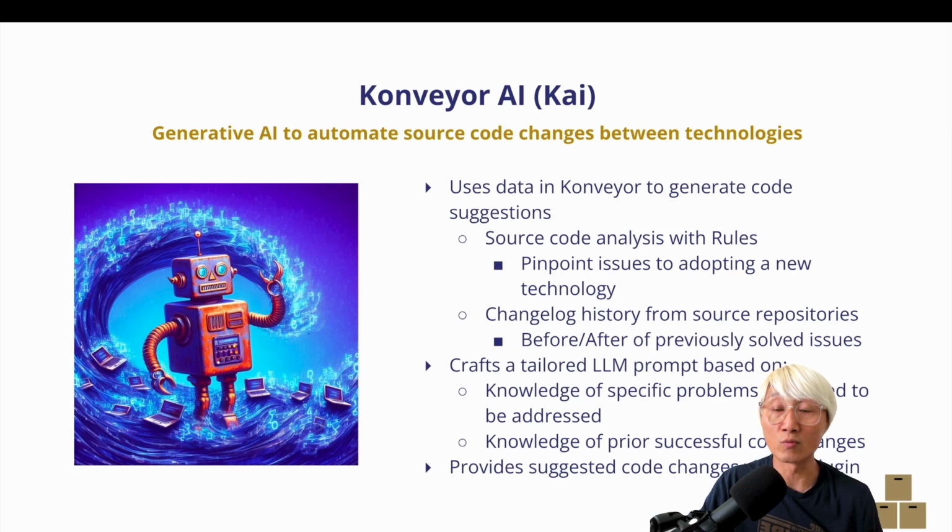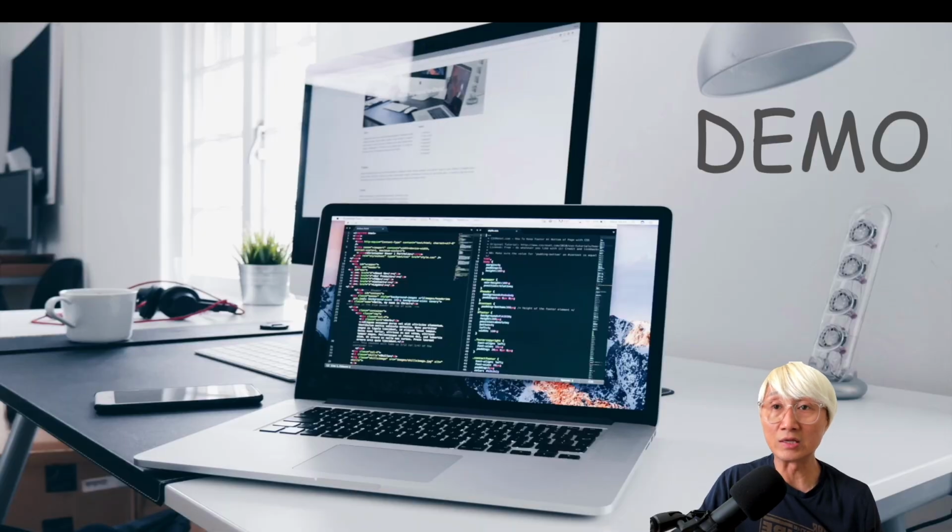Once you finish the code analysis, you have a bunch of migration issues. Each migration issue is like a question for your AI model, and it's sent to the AI model to get a code suggestion on how to fix it, including the code snippet. So let's get into the demo, how it works and what that looks like.